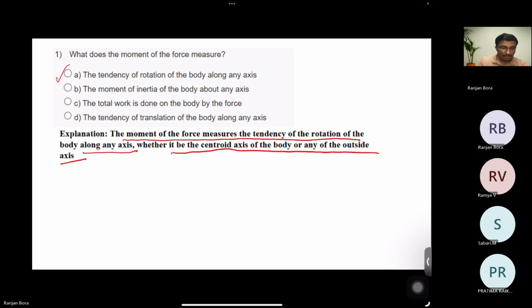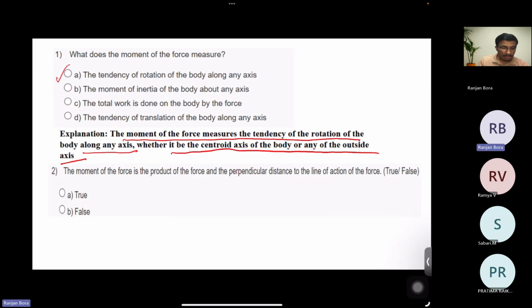Next question. The moment of the force is the product of the force and the perpendicular distance to the line of action of the force. This is a true or false.